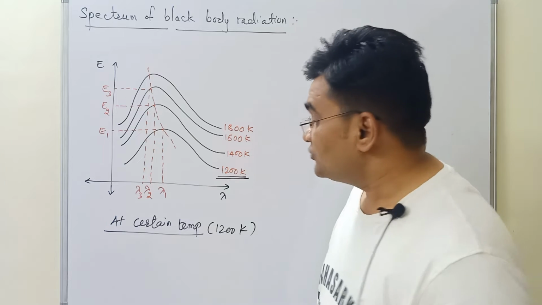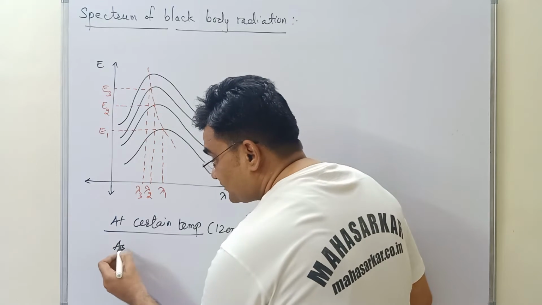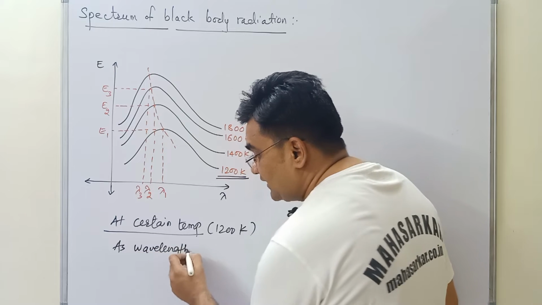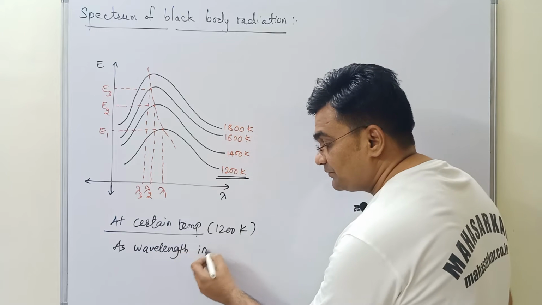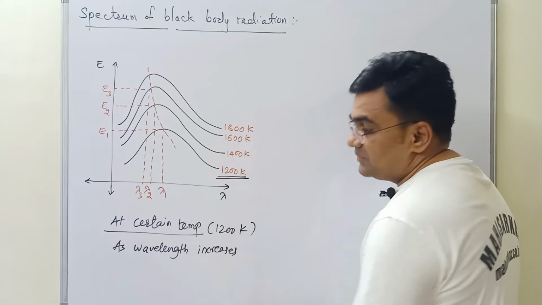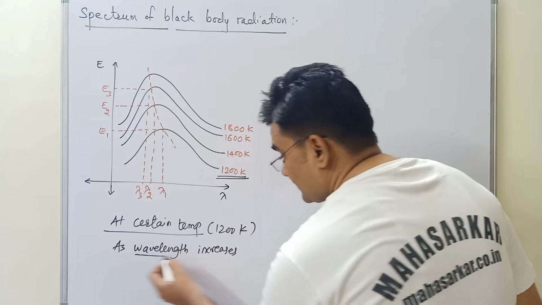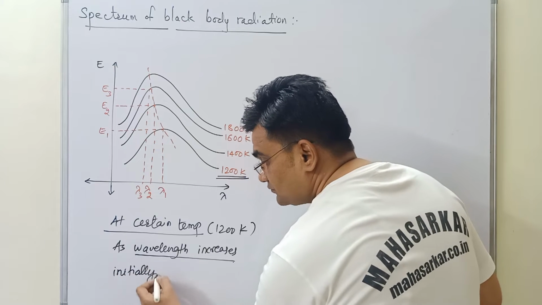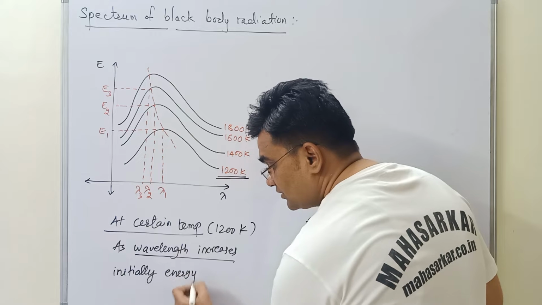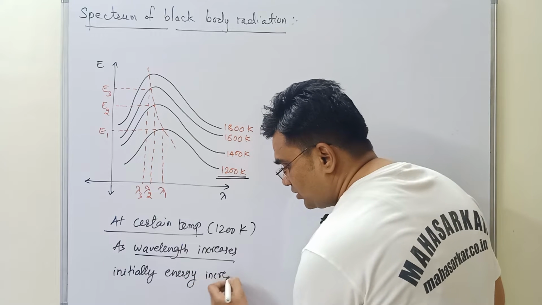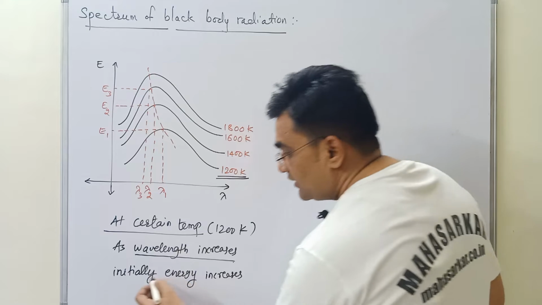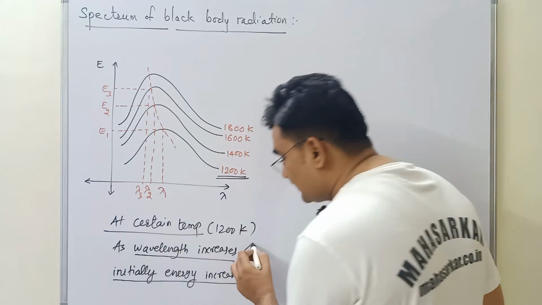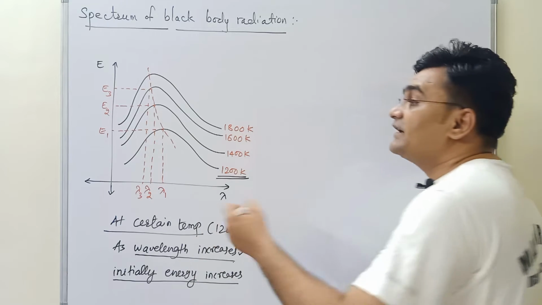What you observe is that as the wavelength of radiation increases, initially the energy increases, or I can write it in the opposite manner: initially, when energy increases along the y-axis, wavelength also increases and then it decreases.